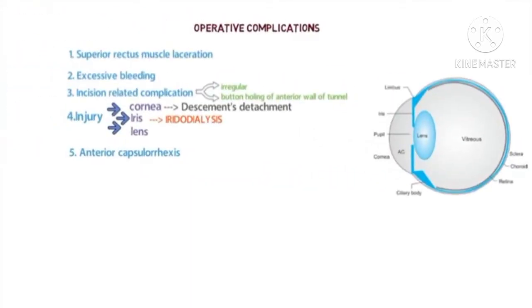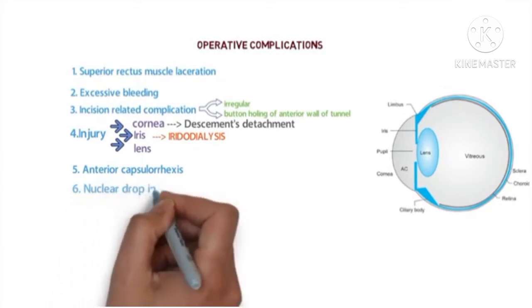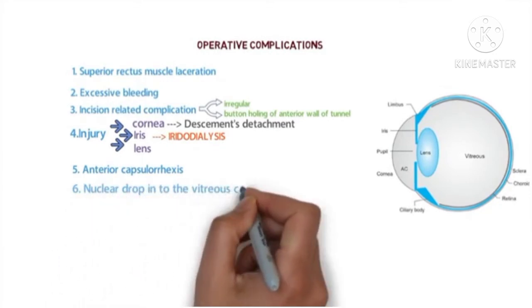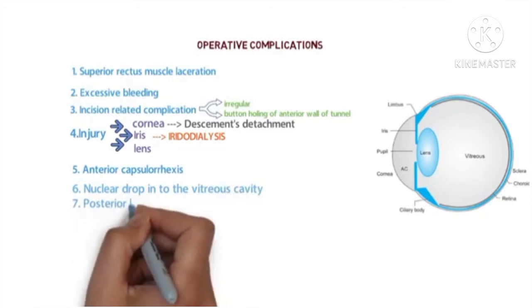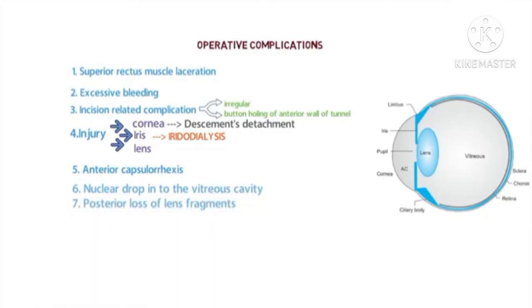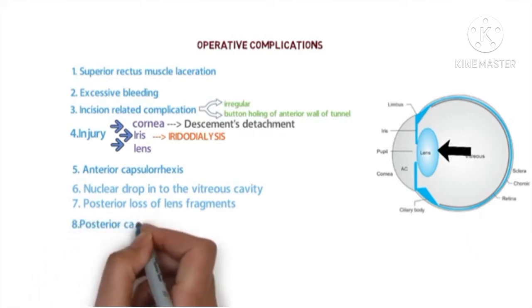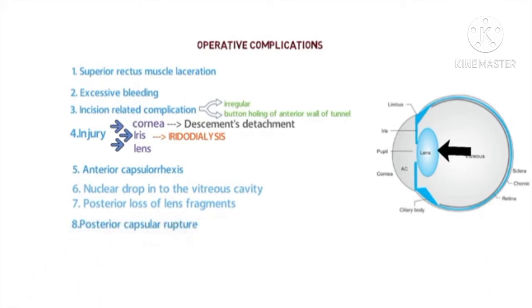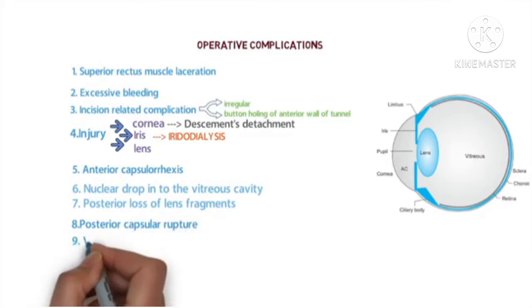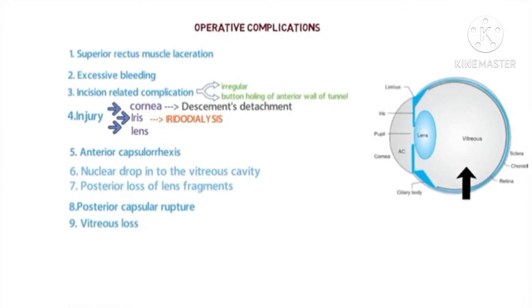After the anterior capsule, there is the lens, and the complications related to the lens are nuclear drop into the vitreous cavity, or posterior loss of lens fragments. After the lens, there is the posterior capsule and there can be posterior capsular rupture. After the posterior capsule, there is the vitreous and there may be vitreous loss.